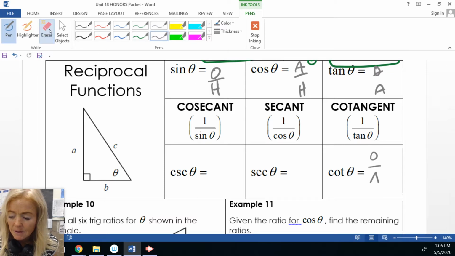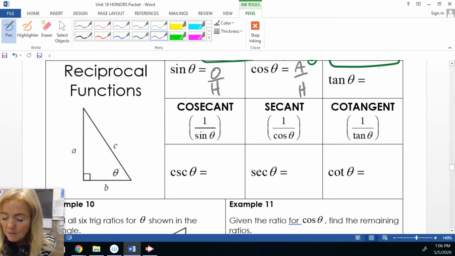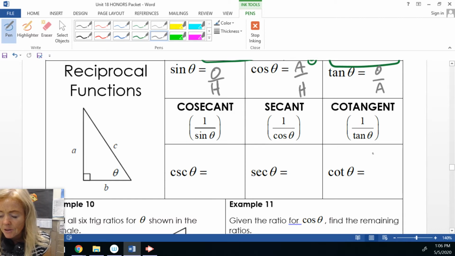I got to erase that. I don't like how that turned out. Opposite over adjacent. All right, so cotangent is 1 over tangent, which makes it adjacent over opposite. Those are easy to remember. Tangent theta is 1 over cotangent theta. Tangent's reciprocal is cotangent.